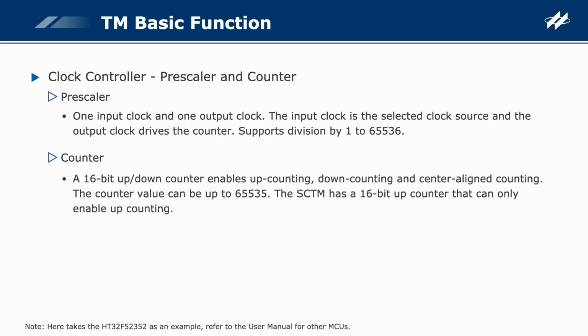The clock is divided by setting the PSCV value, which ranges from 0 to 65,535, to achieve division by 1 to 65,536. A 16-bit up or down counter enables up counting, down counting, and center-aligned counting. The counter value can be up to 65,535. The SCTM has a 16-bit up counter that can only enable up counting.